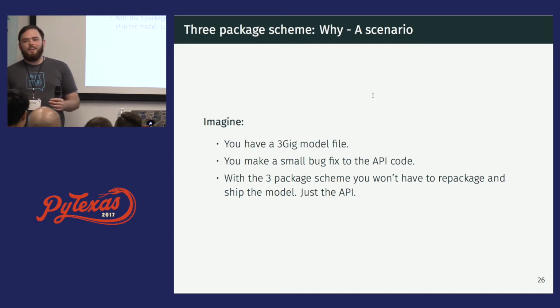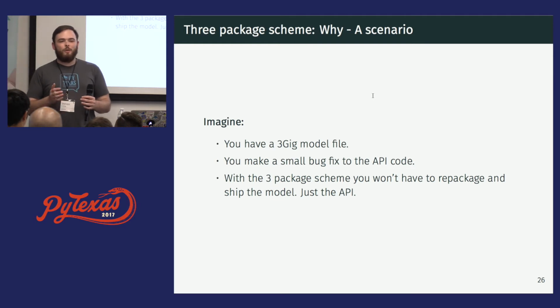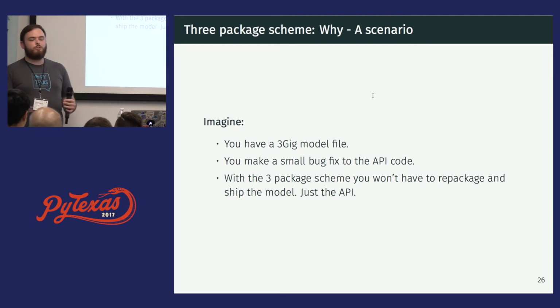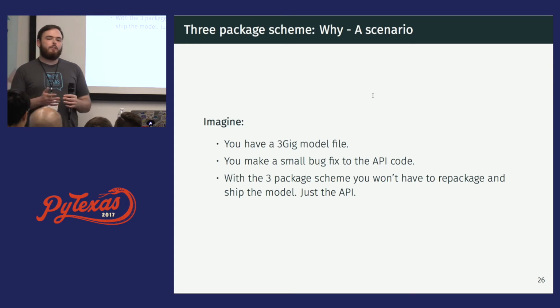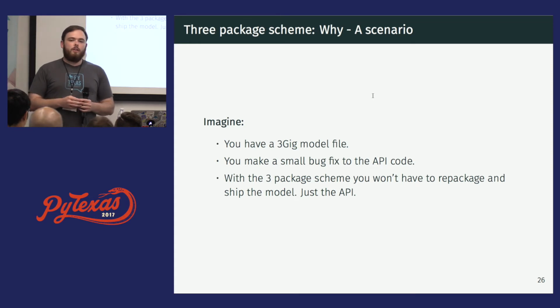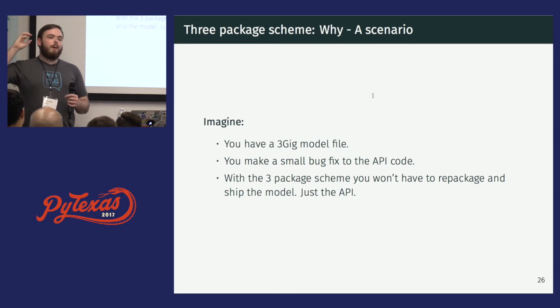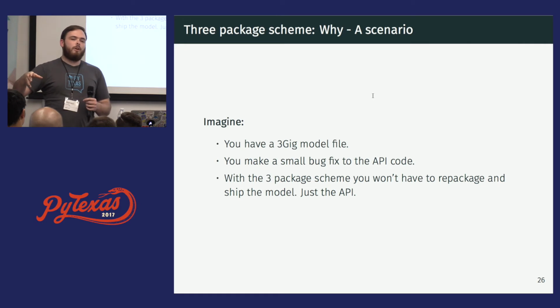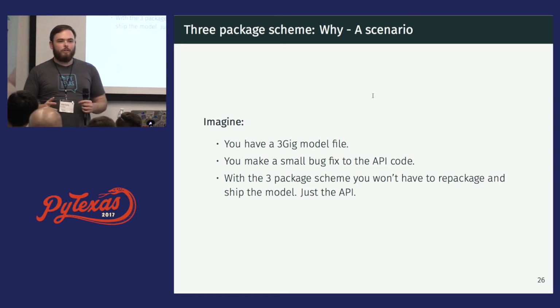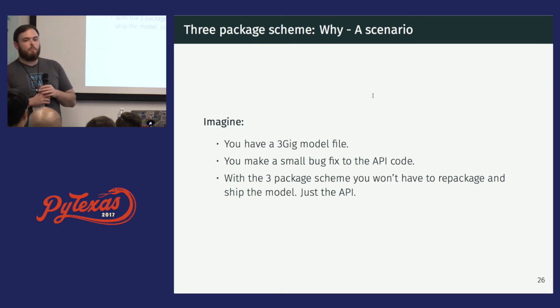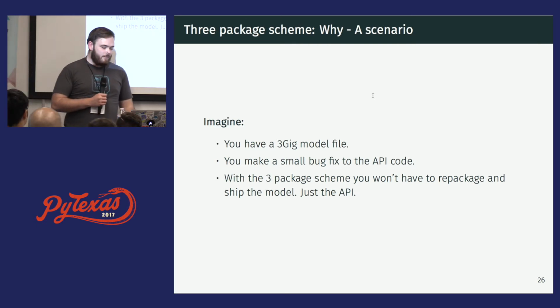And so now, if you have all that packaged together, because of one byte, you're having to redistribute everything. You're having to repackage your 3 gig model file, re-upload it to your package repository, have it stored again on your package repository, and then have all of your users re-download it all over again because of one small bug. That sucks.